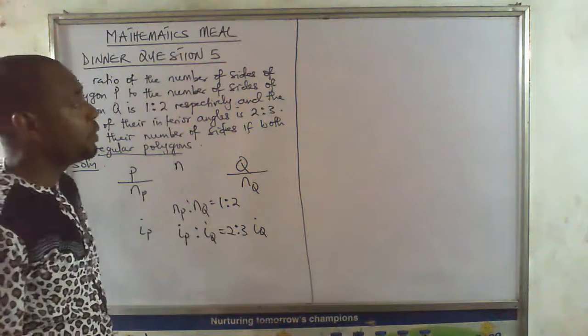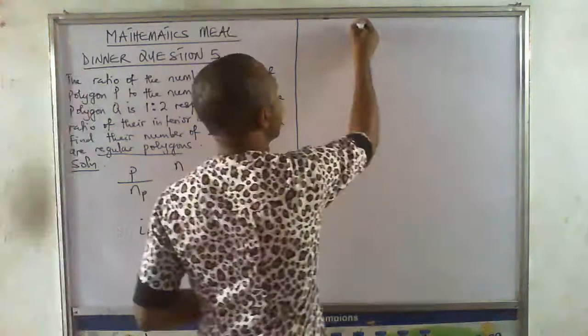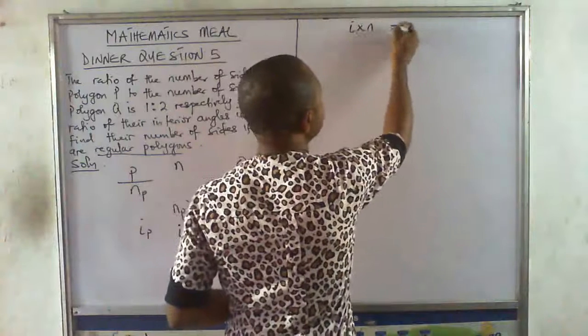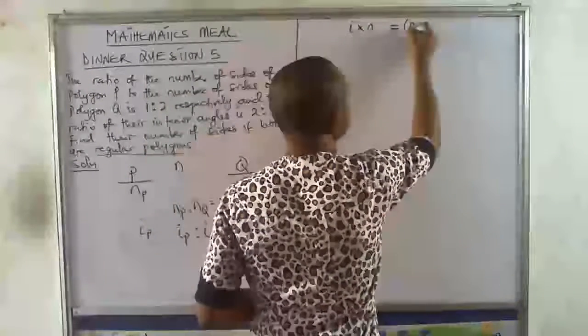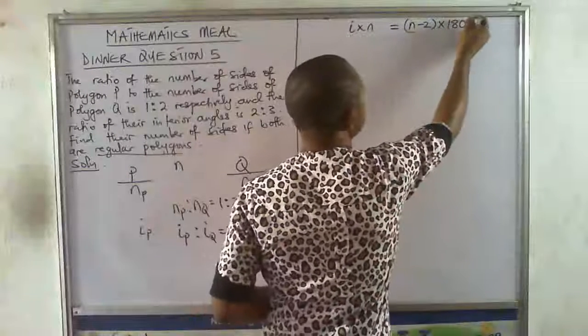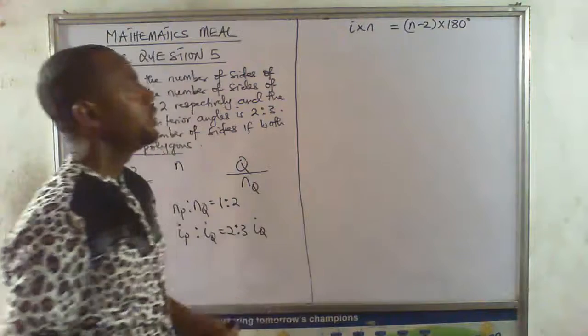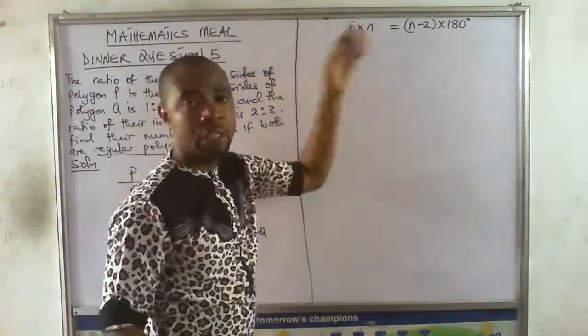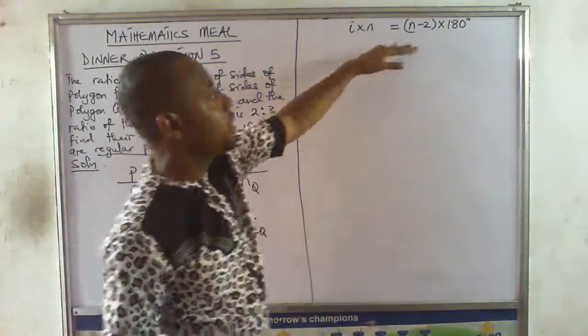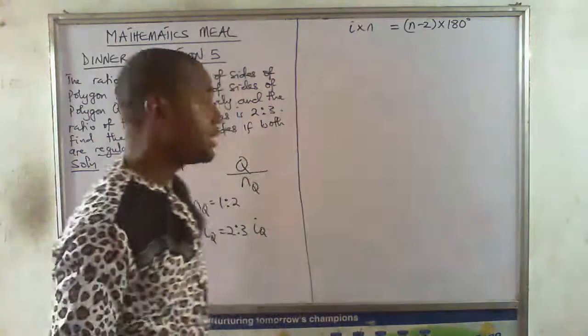Yes. For a regular polygon, we have that I times N is equal to (N minus 2) times 180 degrees. The product of each interior angle and the number of sides of a polygon will give us the sum of the interior angles of an n-sided polygon.